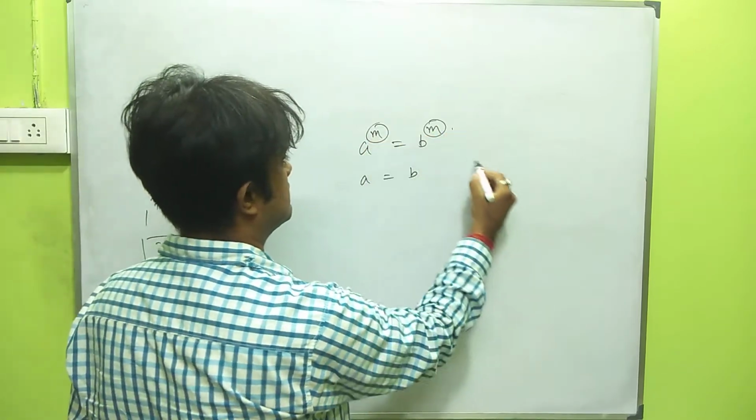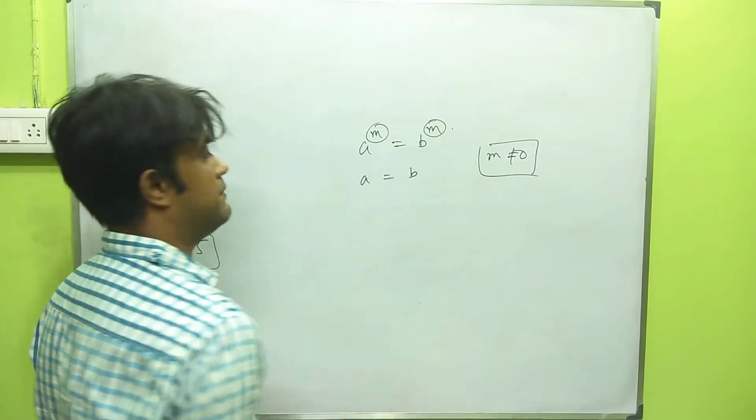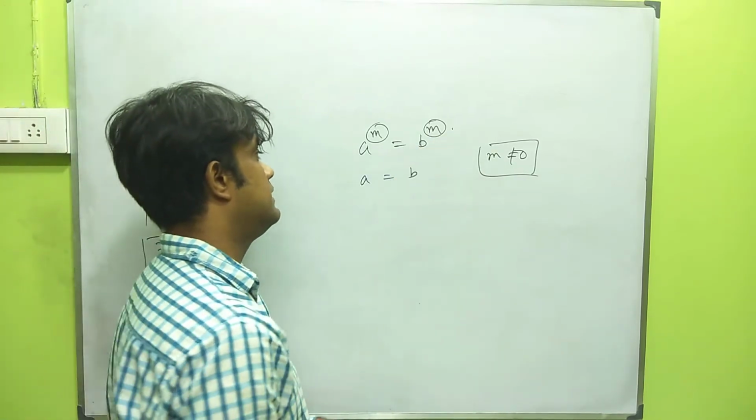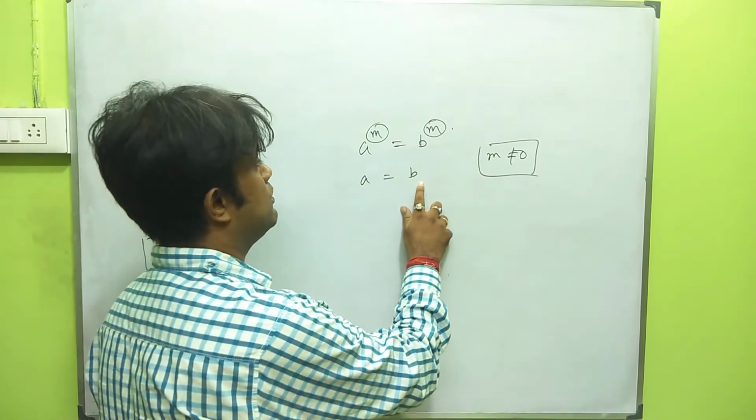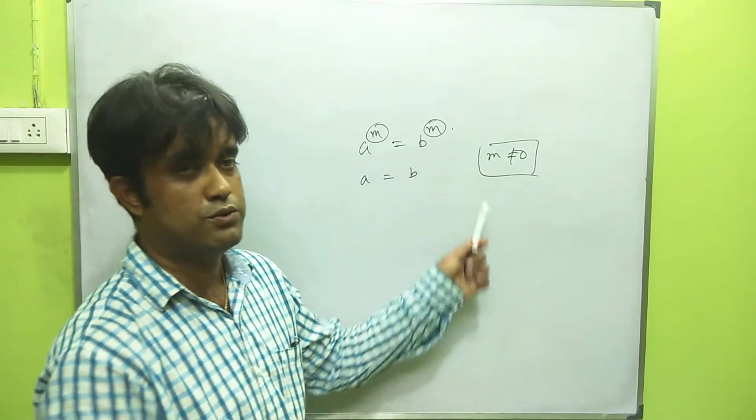So this m cannot be 0. If a to the power m is equal to b to the power m, then a equals to b, provided the condition m not equals to 0.